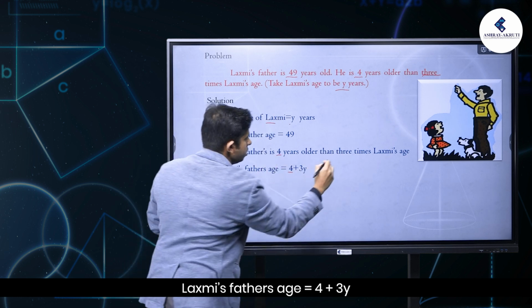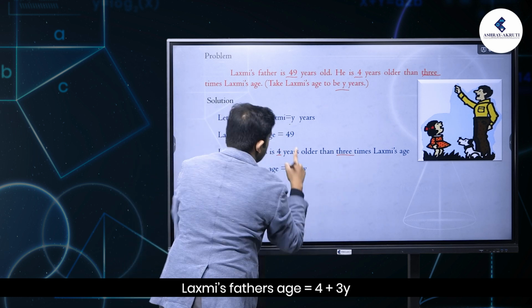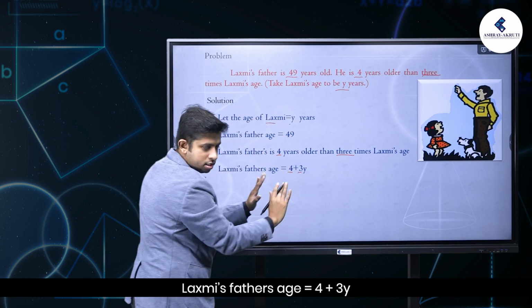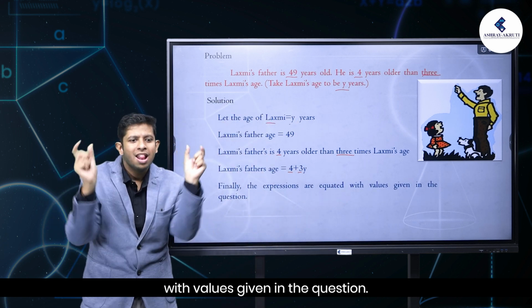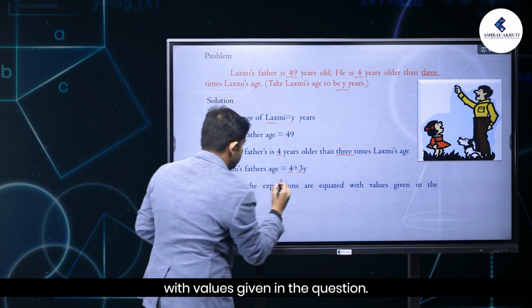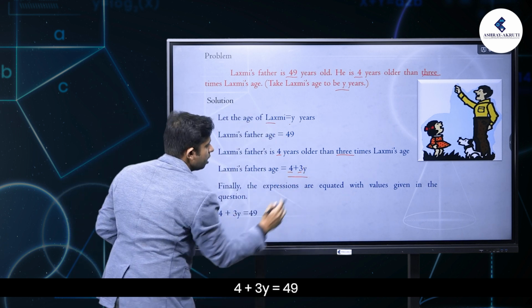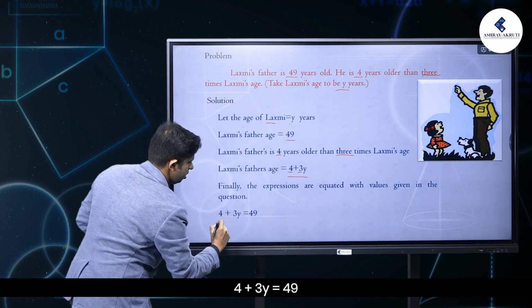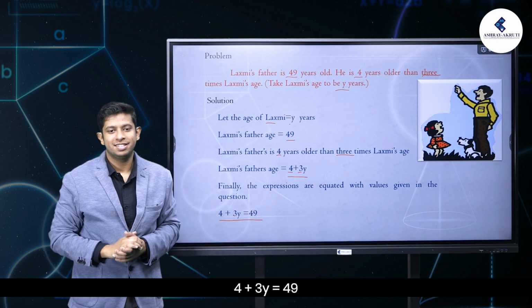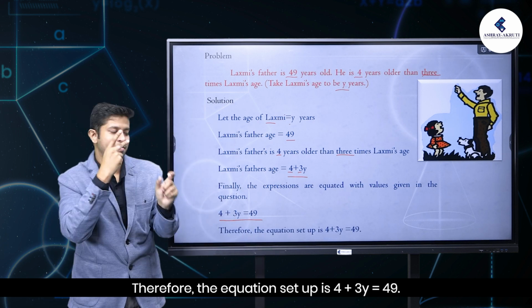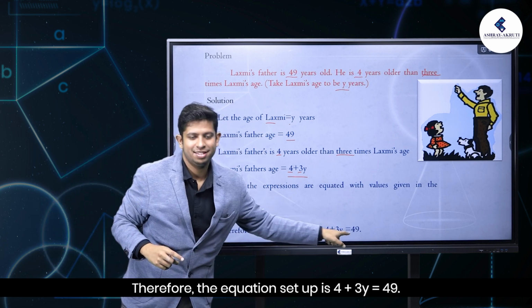Lakshmi's father's age is equal to 4 plus 3y. Finally, the expressions are equated with values given in the question. 4 plus 3y is equal to 49. Therefore, the equation setup is 4 plus 3y equals 49.